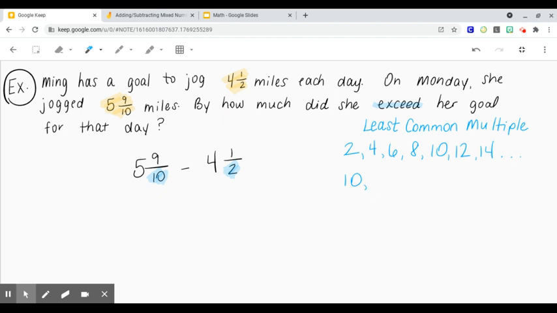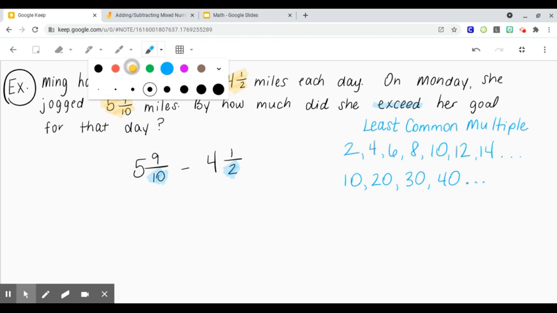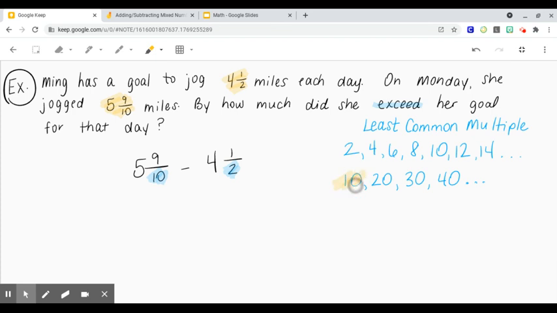We'll list the multiples of 10: 10, 20, 30, 40, and so on. Well, we don't want to just choose any old common multiple. We want the least common multiple. So what is a multiple that 2 and 10 have in common that is the least or the lowest number? In this case it is 10.